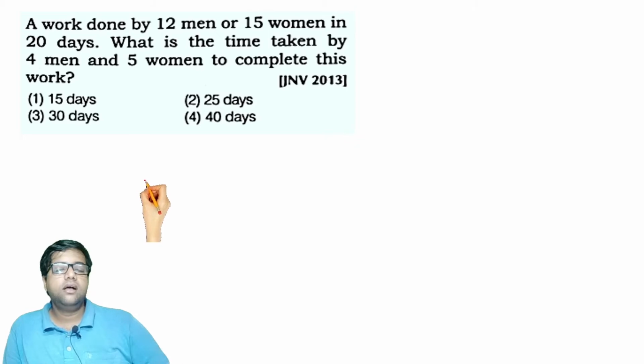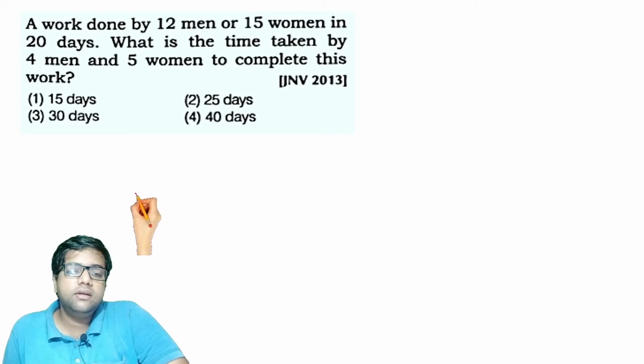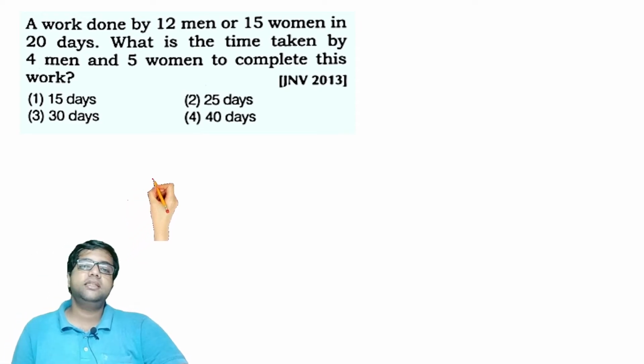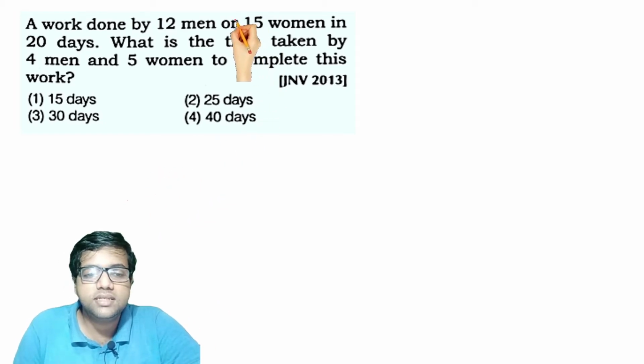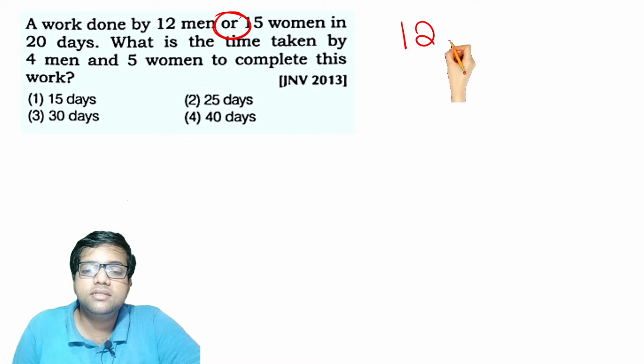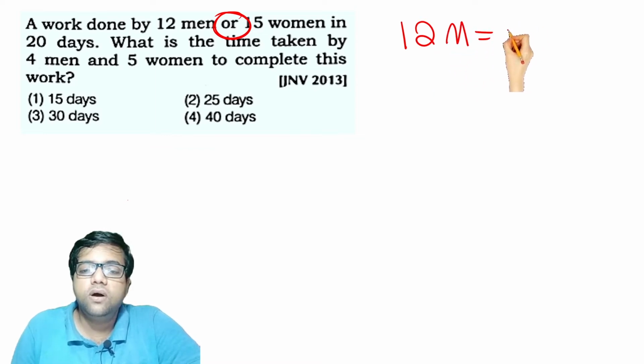Let's move ahead. A work is done by 12 men or 15 women in 20 days. What is the time taken by 4 men and 5 women to complete this work? Okay, this 'or' is very important. So 12 men, same kind of question we had earlier, is equal to 15 women, right?